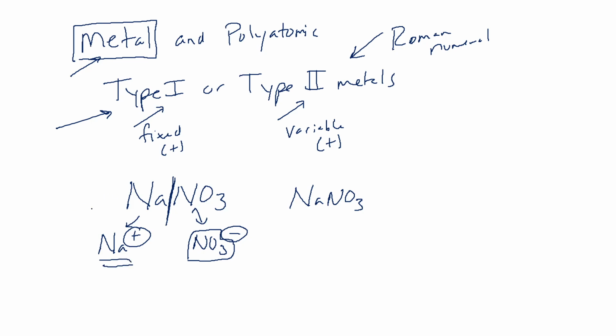We always want to look at the metal. Again, in this case, sodium, group 1, fixed positive charge, tells us it's a type 1. And we just follow our normal type 1 rules, which means whole name of the metal, so that's sodium, and whole name of the polyatomic ion, which is nitrate, so that's sodium nitrate.